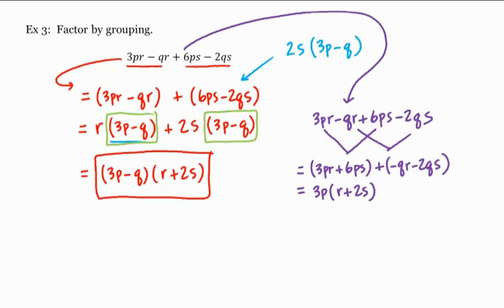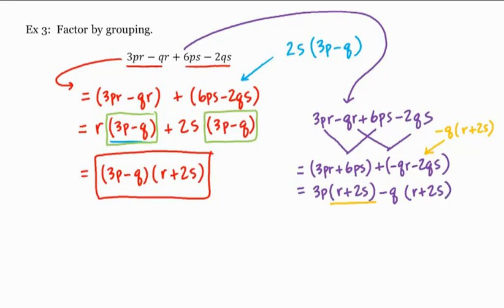Now remember, in this second grouping, our hope is that after factoring, we have the same binomial left over. So if we factor out a negative q here, we'll be left with r plus 2s, which is the same binomial. So let's do that. So we have minus q times r plus 2s.